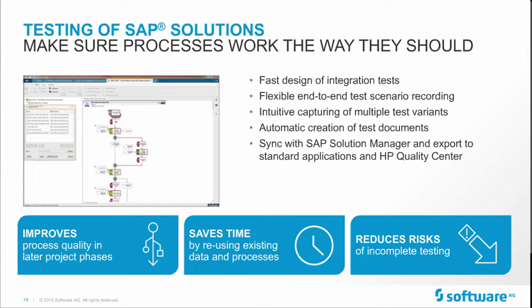And that's important, because that enables you first that your business is included, which really increases the end user acceptance, because they have decided which kind of processes should be tested. So they are included, and they feel they have something really to work on there.